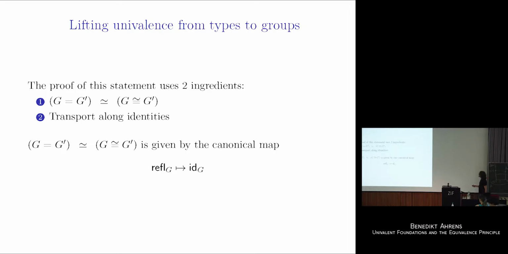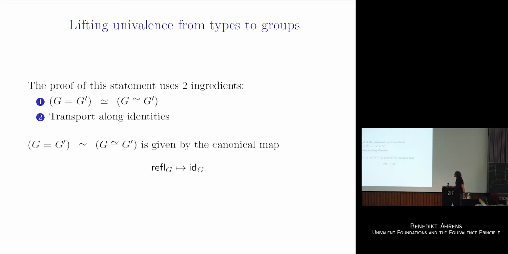So by combining these, I can transport not just along identities between groups, but along isomorphisms between groups. Again, this map from identities between groups to isomorphisms between groups is given by the canonical map that sends reflexivity on G to the identity group homomorphism on G.